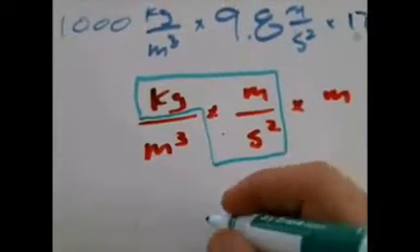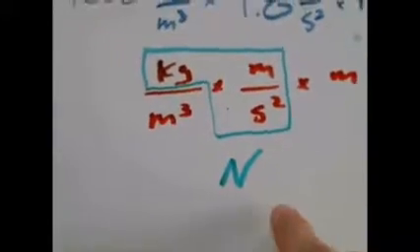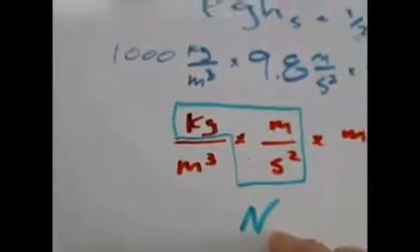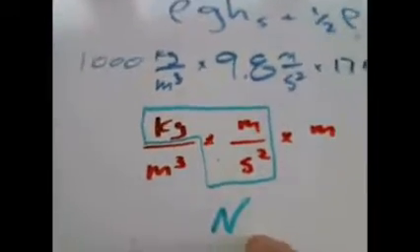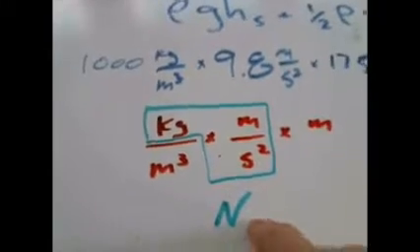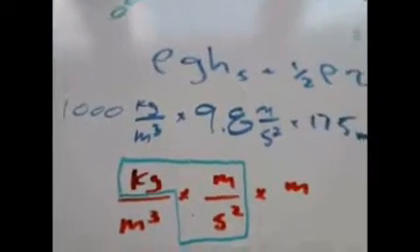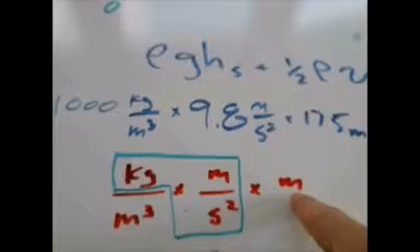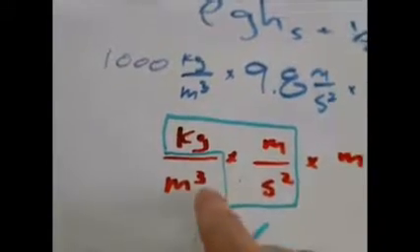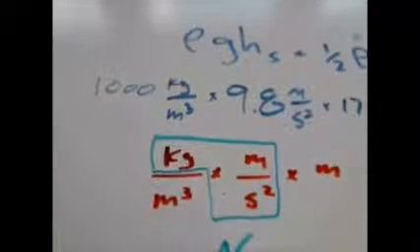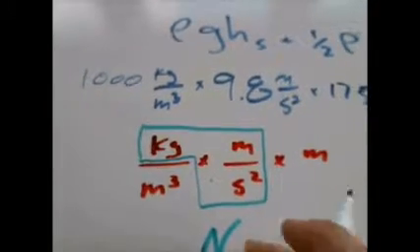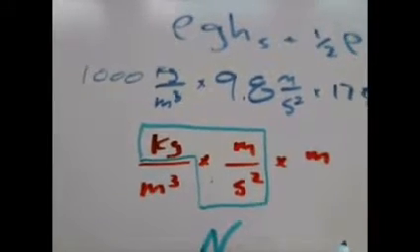That's how you spell the letter N. That's a Newton, the metric system unit for force. Now, what I will also do is take that meter and kill it with one of the cubes of that meter. And that will give me a Newton per square meter. That's a Pascal. All right?